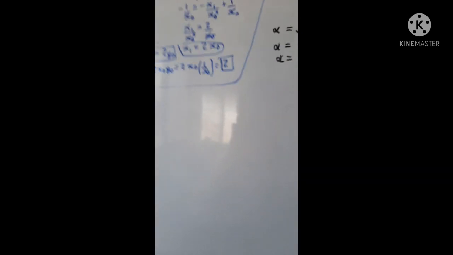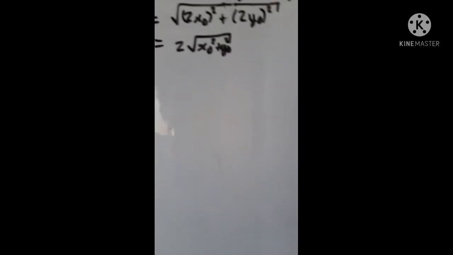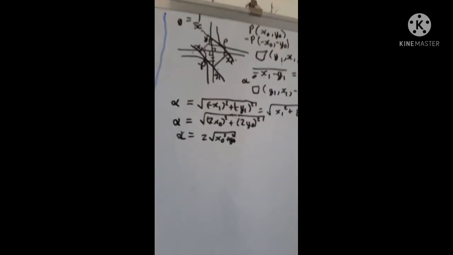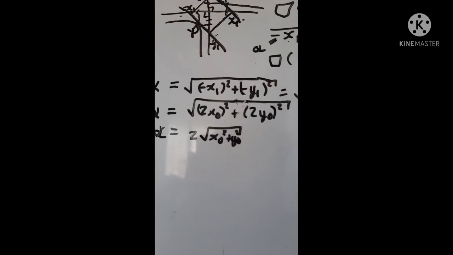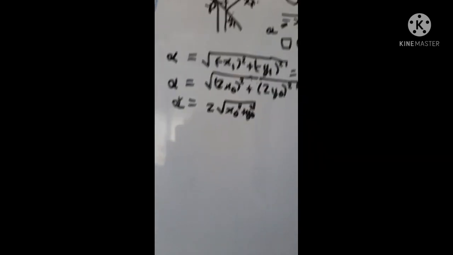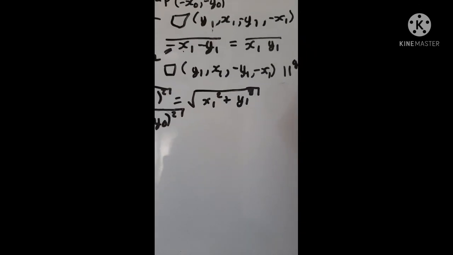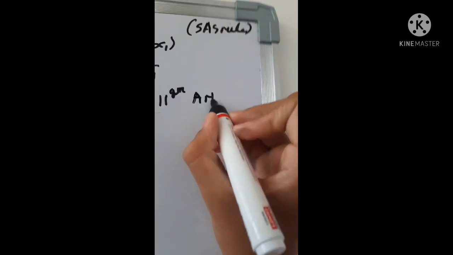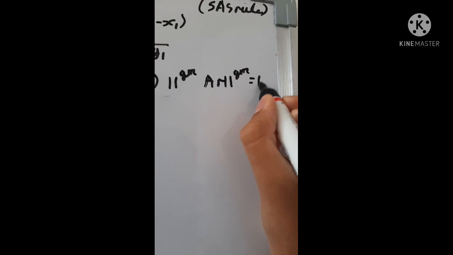So we have alpha, right? That's good enough. Why the hell am I getting stuck again? So the area of a parallelogram is equal to base times height, right?